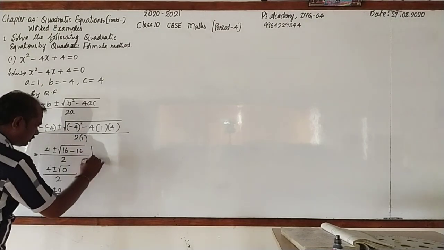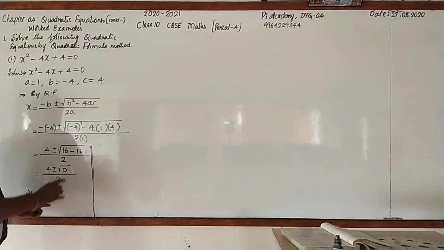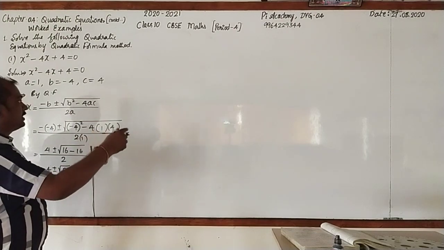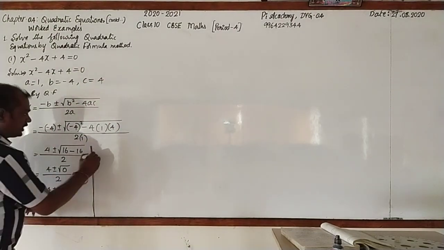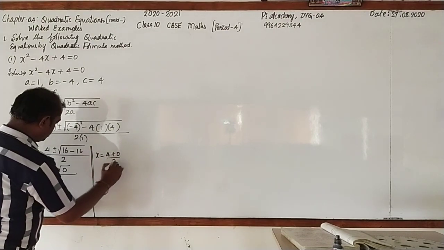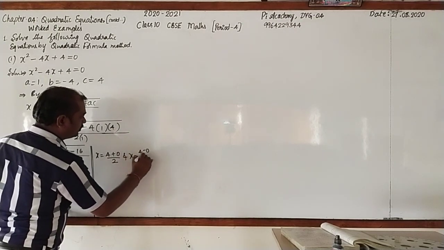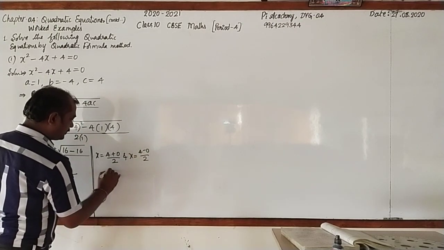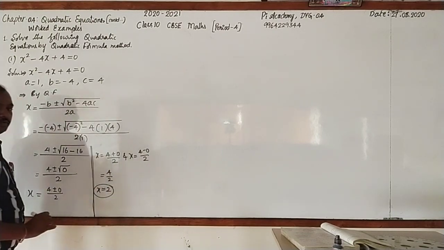Here I am continuing. Please observe this carefully, because I have to take 3 examples, hence I am saving the space. Here we can write x equal to 4 plus 0 divided by 2 and x equal to 4 minus 0 divided by 2. What is 4 plus 0? 4. By 2 it is 2. x equal to 2.